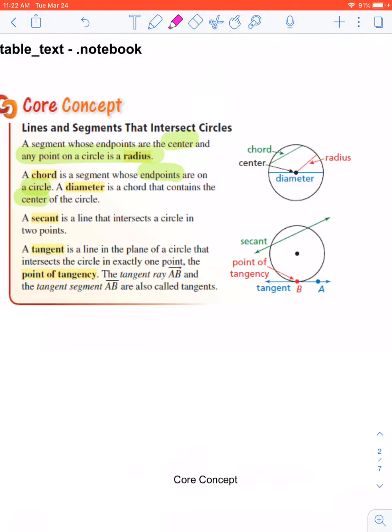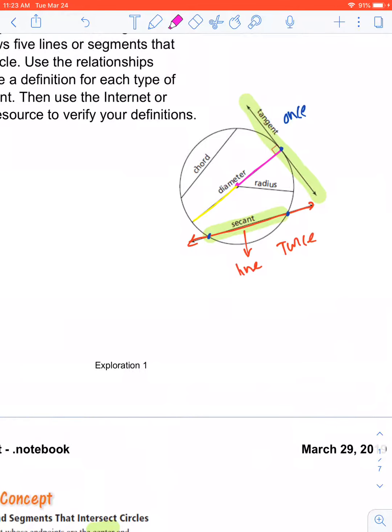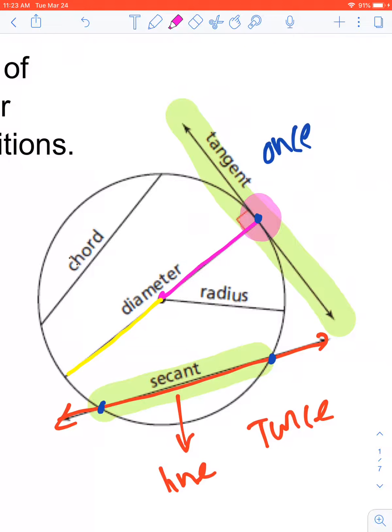A secant is a line that intersects twice. And a tangent is a line that intersects once, and that one place where it hits is called the point of tangency. So in our previous example, this would be our point of tangency.